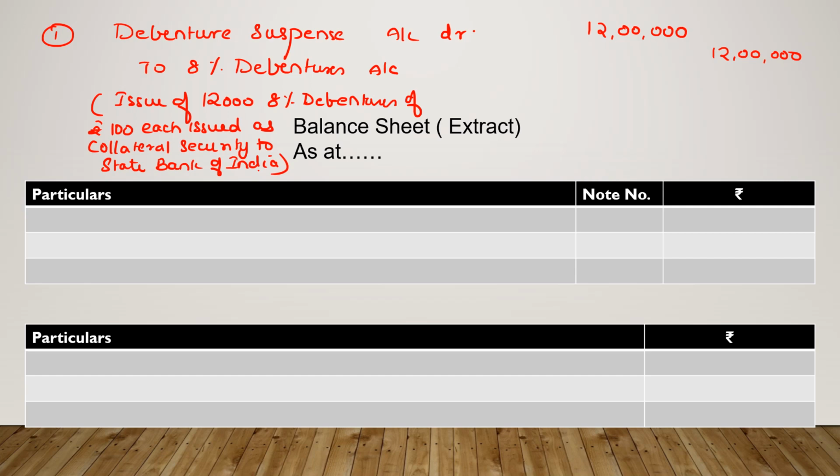And once having passed this journal entry, now we are going to show how it will be shown in the balance sheet. Again, it would be under the liability side. So first one, equity and liabilities. Under that, we would be writing the non-current liability, assuming that's a long-term borrowing. If they have specified it's a short-term borrowing, please do change it to current liability.